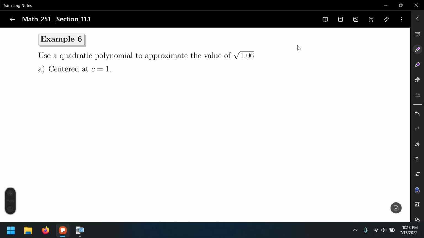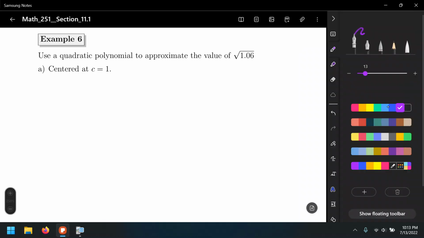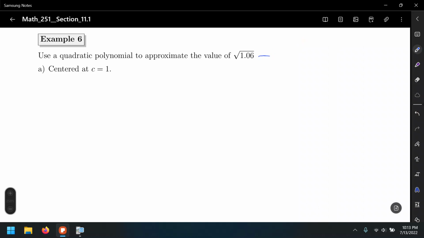In fact, this is something that you did in Calc 1. They gave you a number to approximate, and in some cases you needed to guess the function. In this case, a good candidate is f of x equals the square root of x.